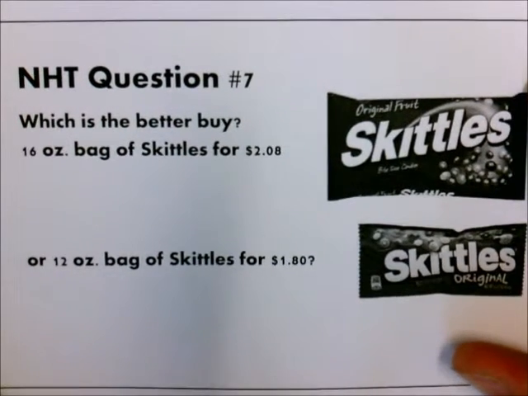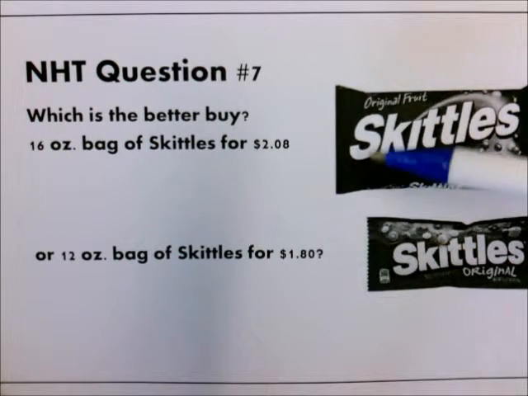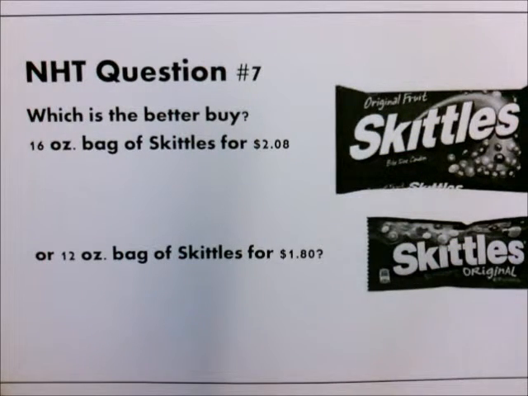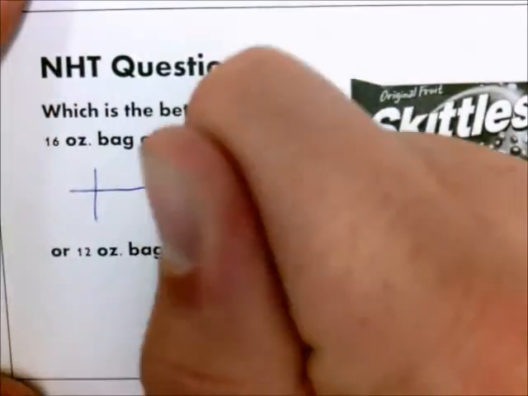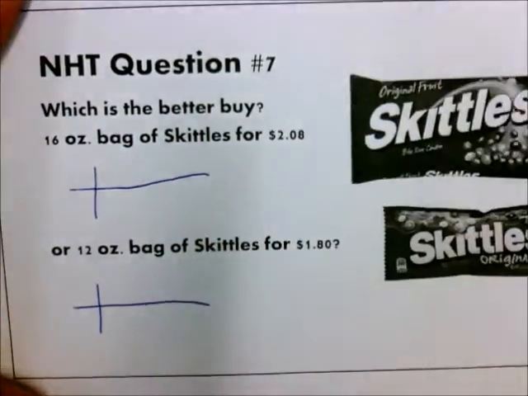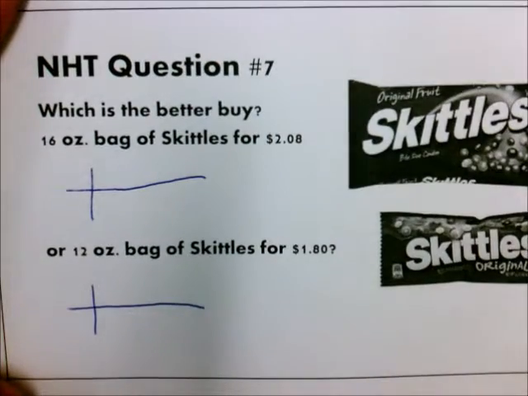All right, so the very first thing that we need to do, since we're talking about two different packages here, one that's 16, one that's 12, is we need to write two different ratio tables. All right. So, in previous lessons, all I've explained is a ratio table is taking the place of what we used to call proportions.